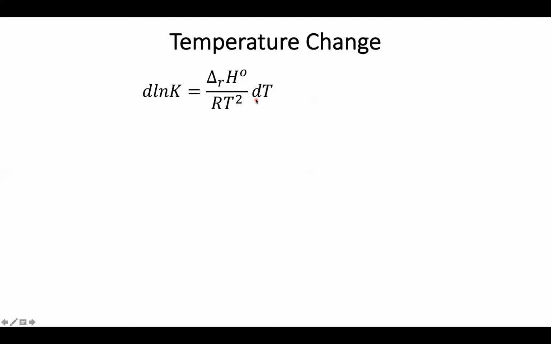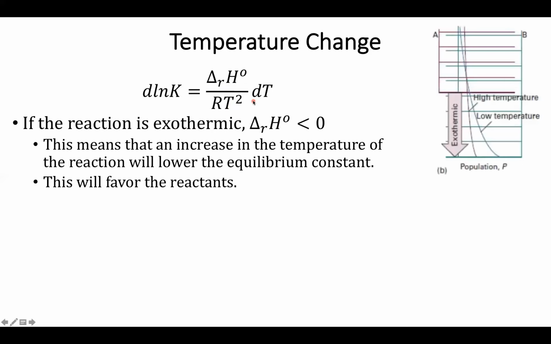So here we're actually fairly lucky because R is always going to be positive. Since we're working in temperatures in Kelvin, this is always going to be positive. So our only two components that can change signs are enthalpy of reaction, could be exothermic or endothermic, and the change in temperature. So let's go ahead and split this case in half.